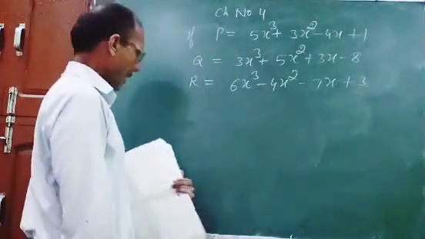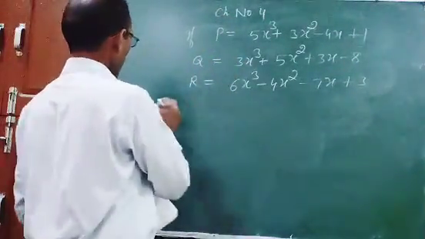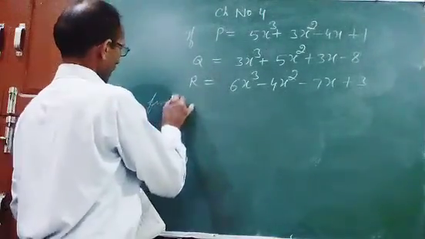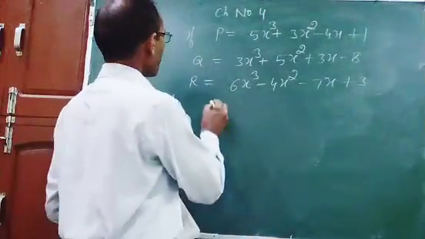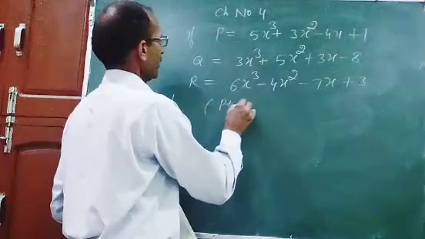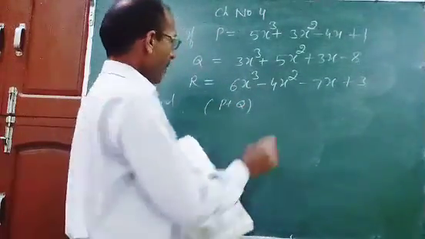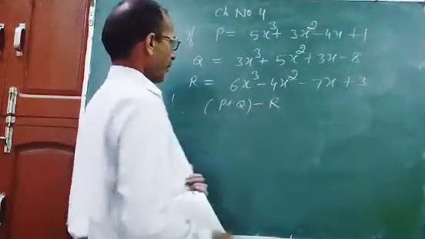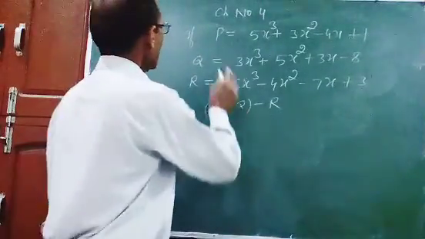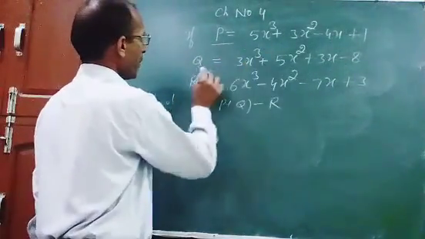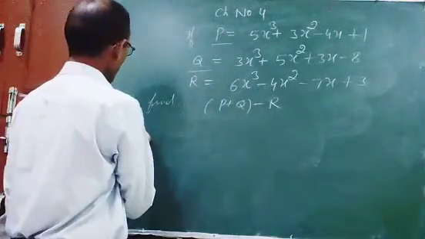Now we have to find p plus q minus r. So this is the value of p and this is the value of q.